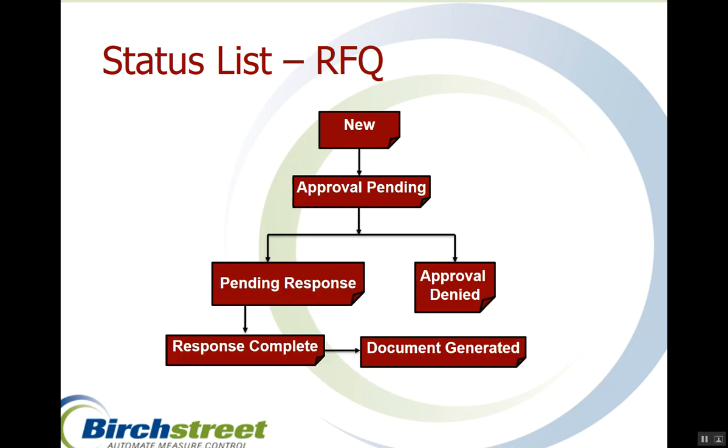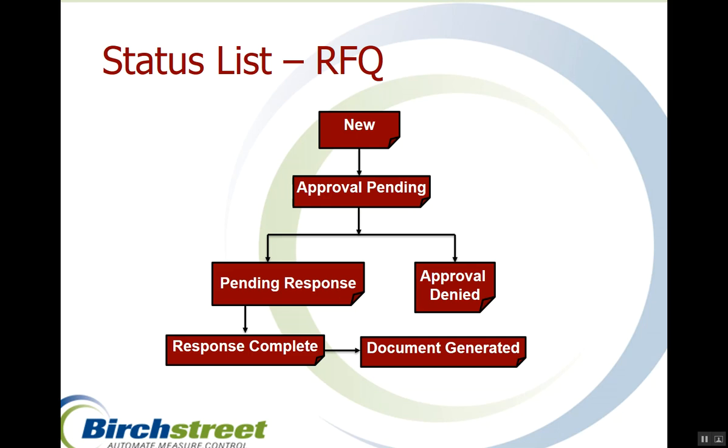For RFQ, it has a slight difference. So for a new RFQ, once we press submit, it will become approval pending. Once it is approved, it will become pending response or approved denied. Pending response is, at this stage, waiting for a response from the supplier to the purchasing department.